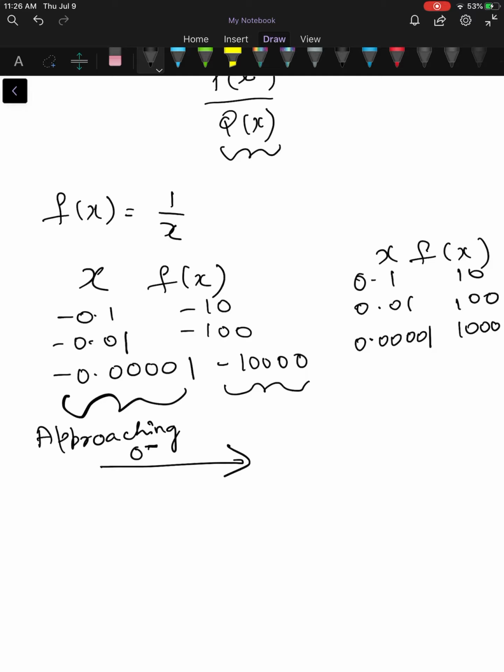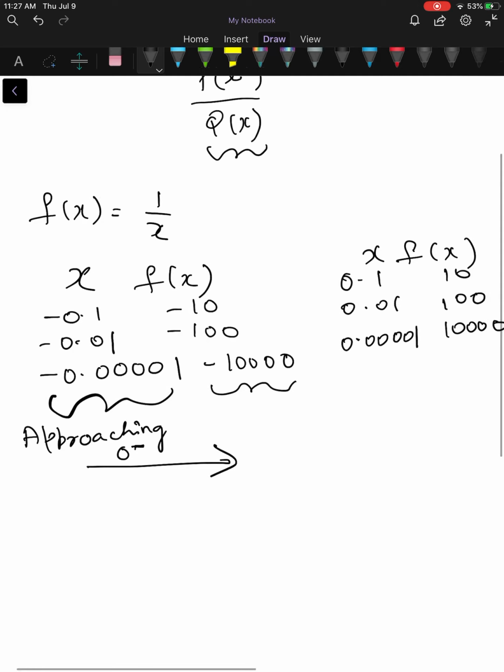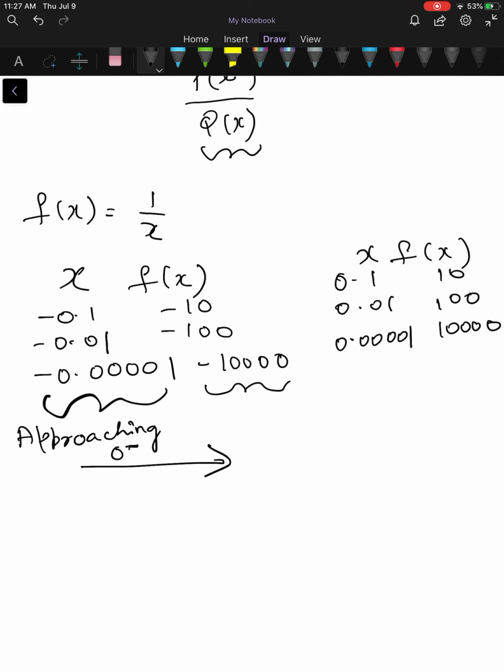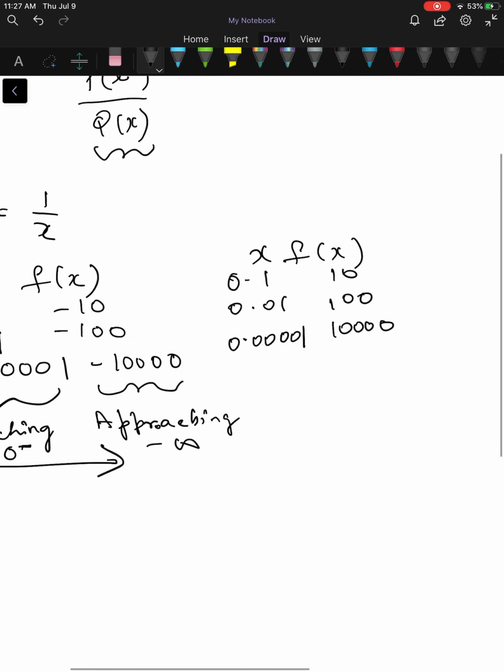If the denominator's value is less, the fractional value will be bigger, and if the denominator's value is more, the fractional value is less. So here from 10 it went to 100 and then to 10,000. The functional value is abruptly changing, so it is approaching negative infinity. And what happens on the positive side?